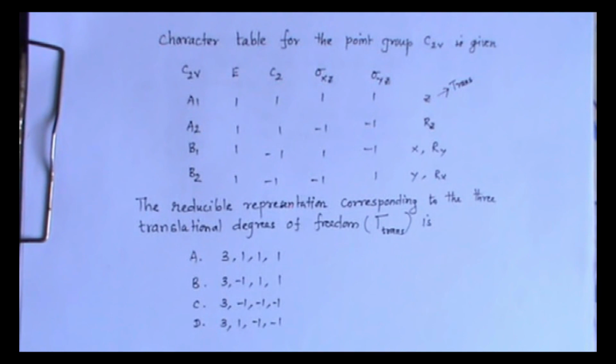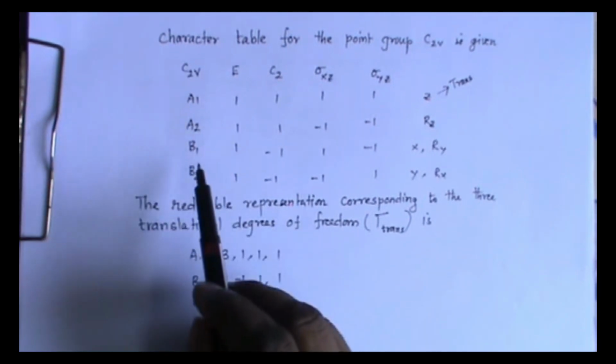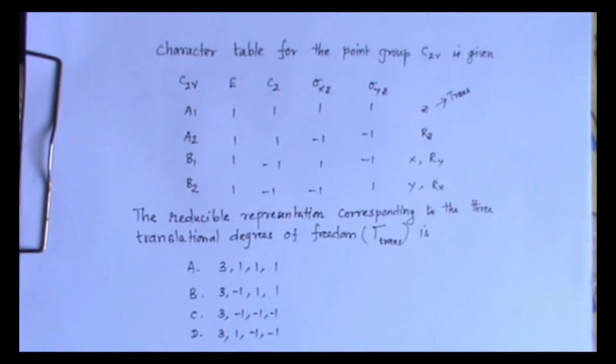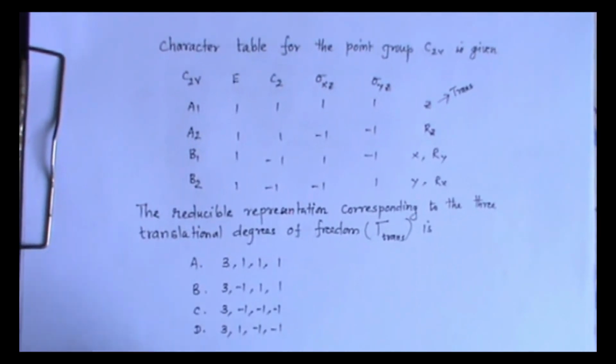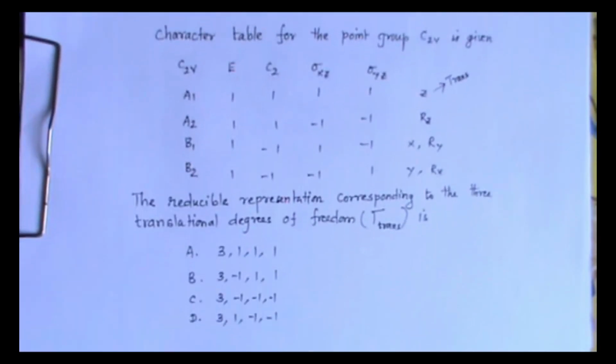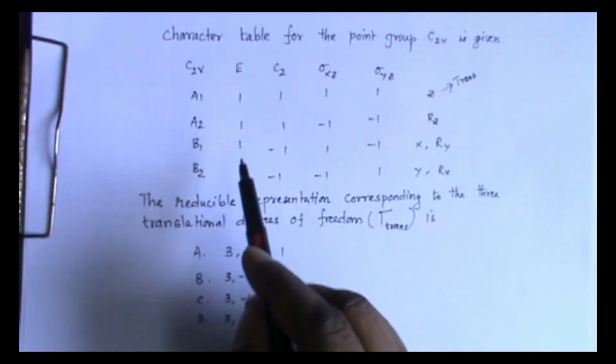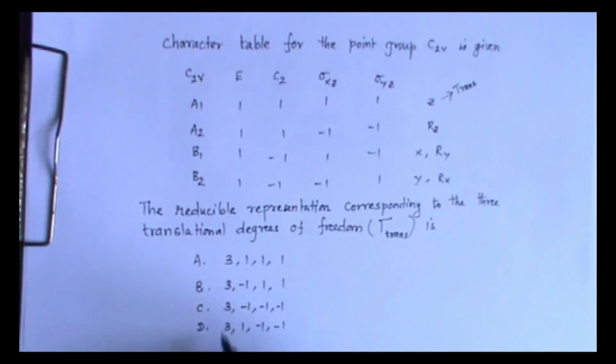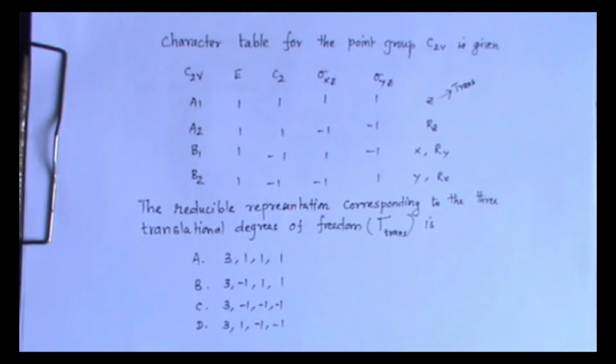Let us consider only translational degrees of freedom: A1, B1 and B2. We have to add the characters in the irreducible representations A1, B1 and B2. 1 plus 1 plus 1, I get 3. Here in all the 4 options, the first character is 3, so I need not bother much about that.